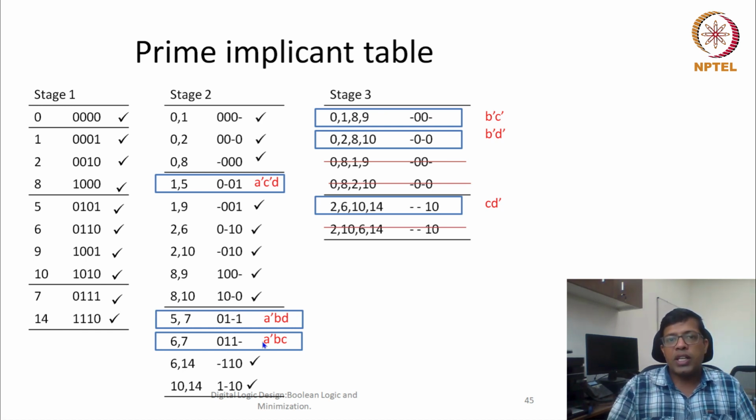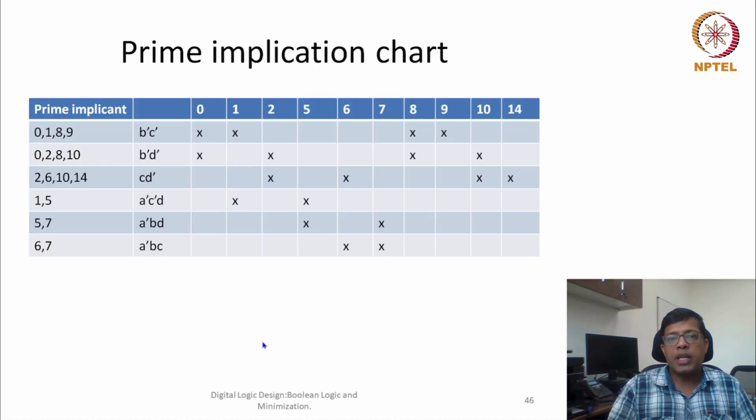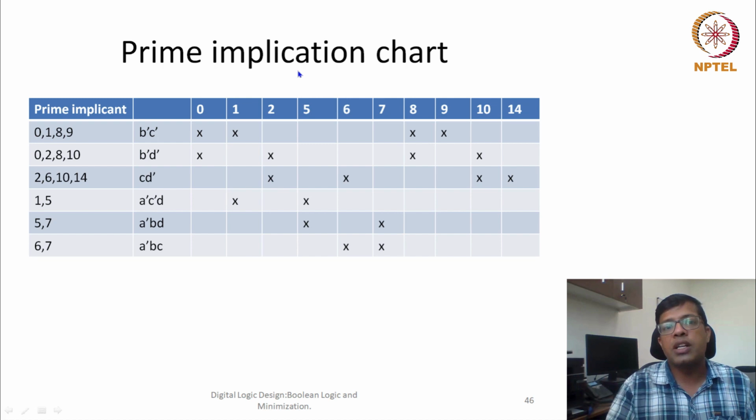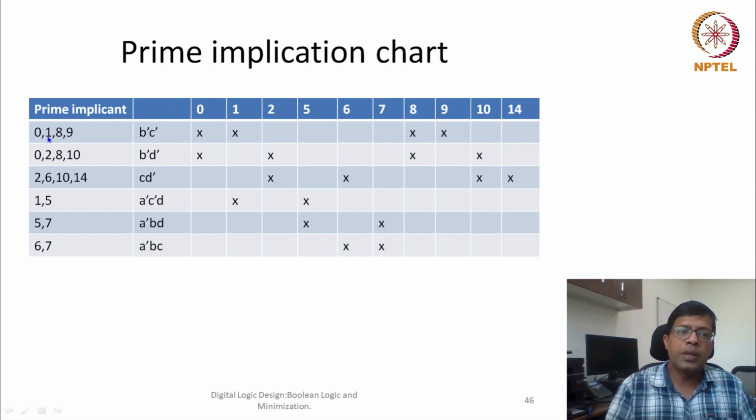To do that, we create a prime implicant chart. Prime implicant chart means which prime implicant should be added. Here in all the rows, we write all the prime implicants which are there. We are also writing their corresponding product terms, and then for each column we write all the min terms.